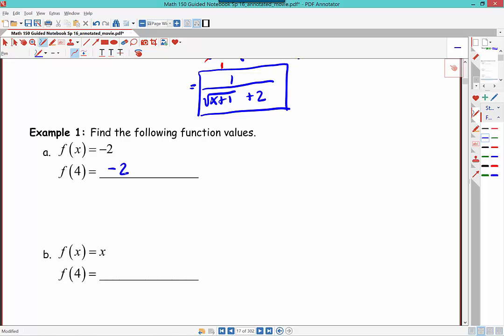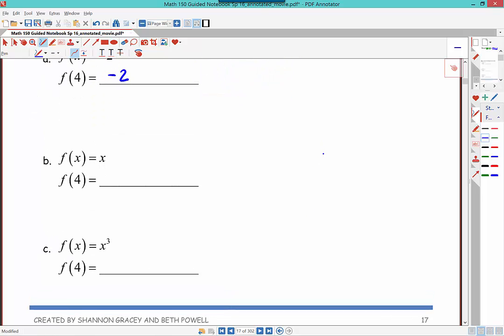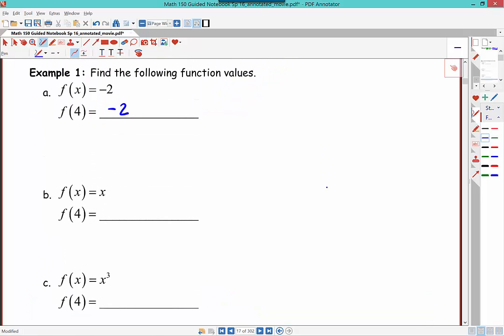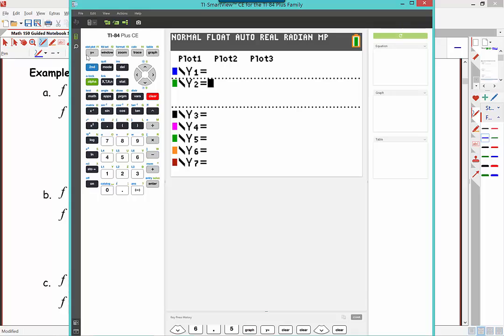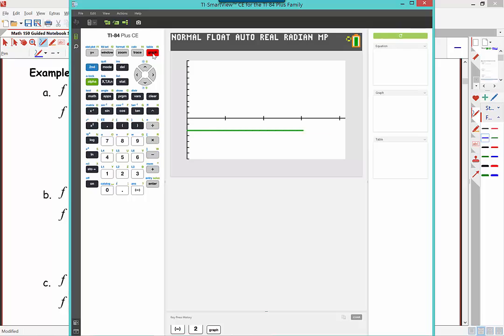So basically what happens is if we take a picture of that graph, right? I don't know, do we want to use technology? What do I have here? If we do negative 2, right? And we graph.